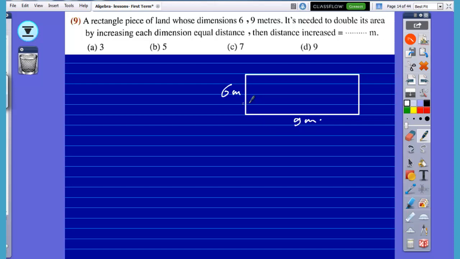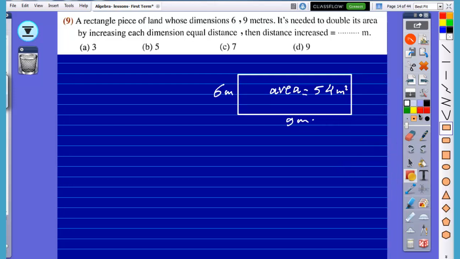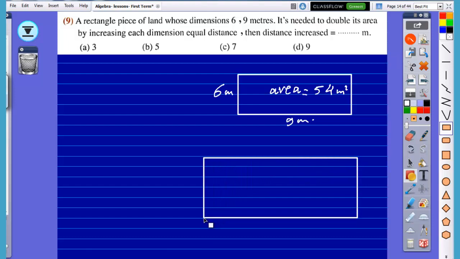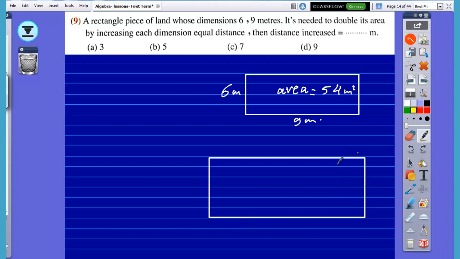Here, what is the area of the rectangle in this case? The area equals the product of its two dimensions, length by width. It will be 54 meter square, and the new rectangle will be in the form of, here we increase the dimensions. It will be here 6 plus x meter.